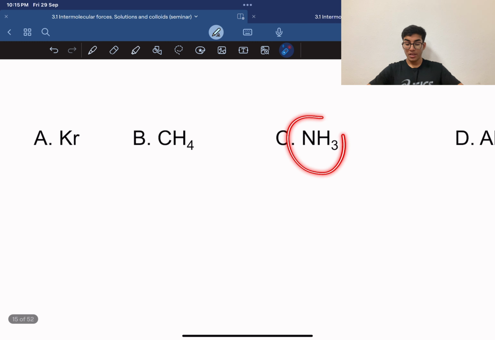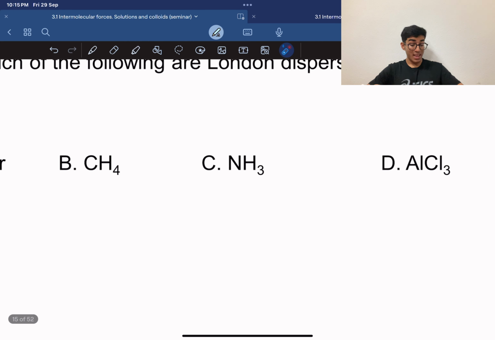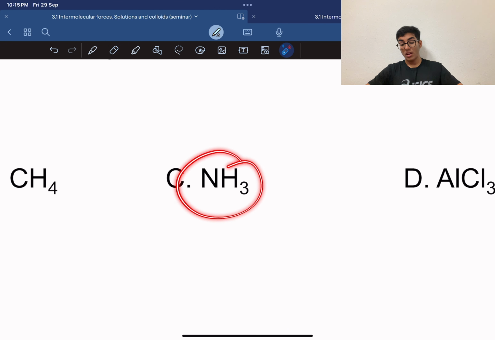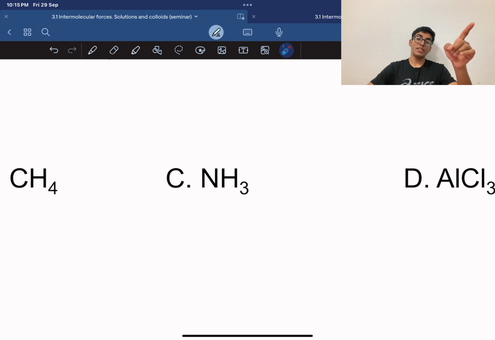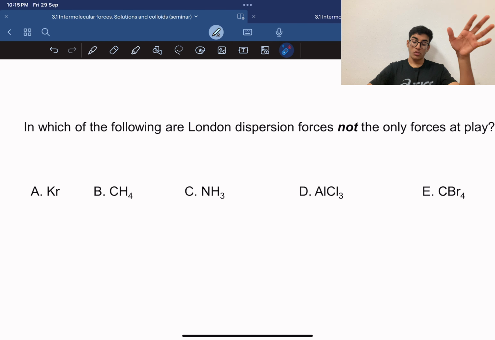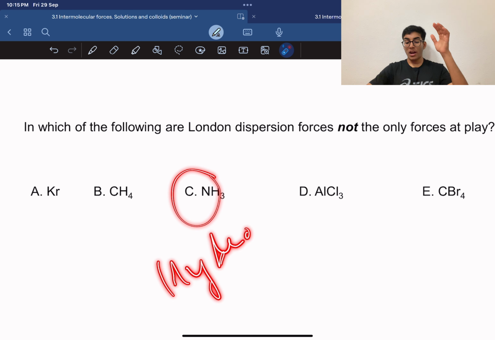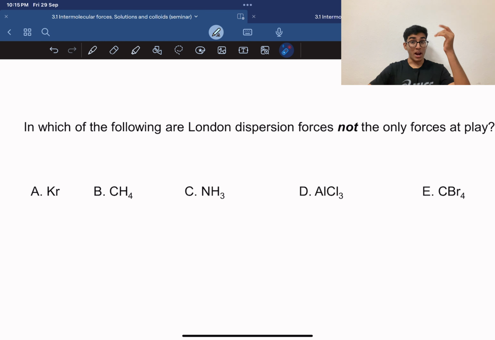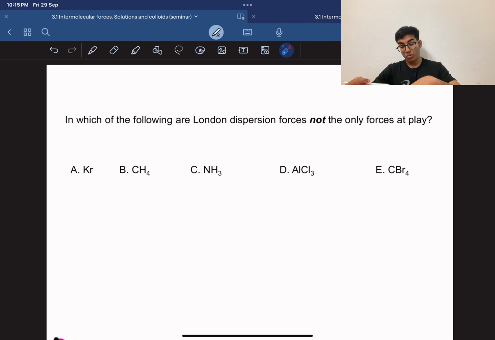This does have London because everything has London in the world, but it also has an N and an H. So that means hydrogen bonds. So boom, lock in the answer C. Over here, London and hydrogen. AlCl3, London is there, nothing else. Covalent bonds are working. Over here, same thing. But over here, we have hydrogen bonds. Boom.